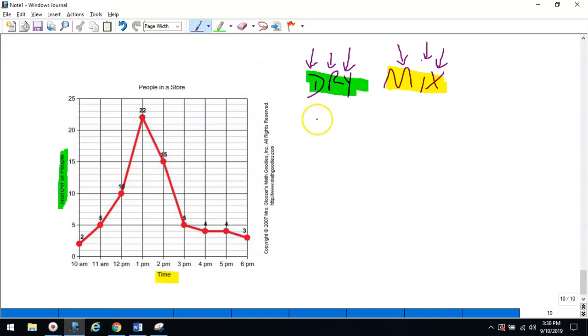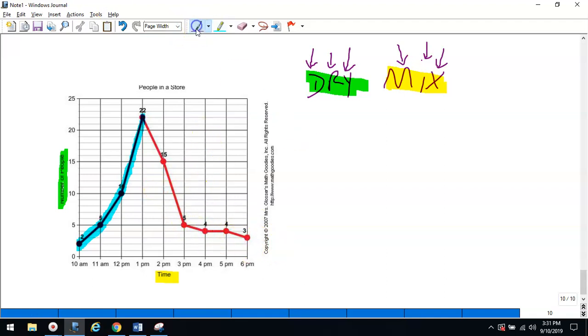B, during what times are the number of people in the store increasing? So during what times of the day is the number increasing? That would be, how about we do blue? It's increasing, it opens up and it starts increasing, and then it continues to increase to noon, and then it looks like it continues to increase until 1, and then it starts to decrease, and it continues to decrease.